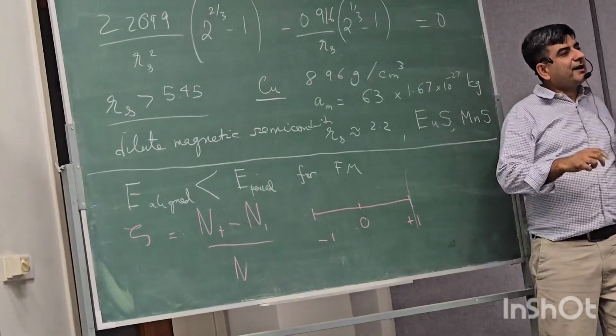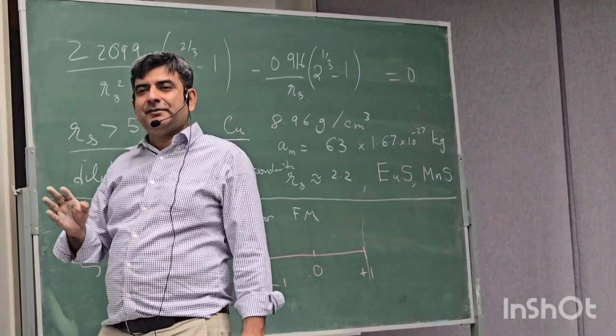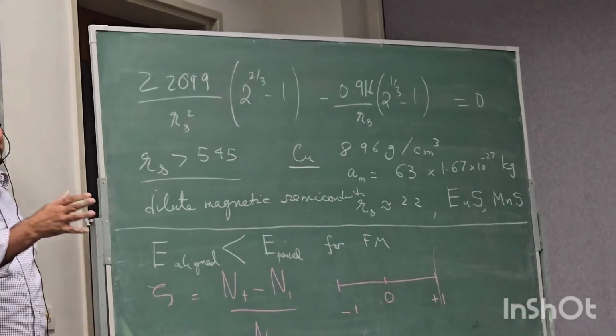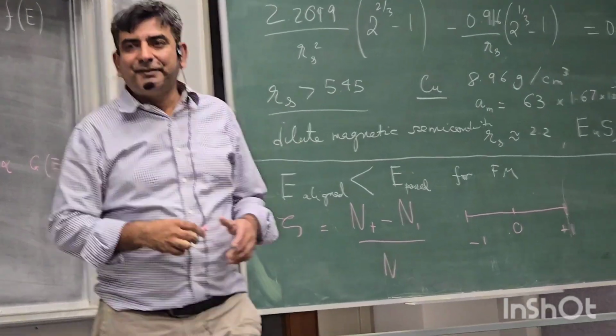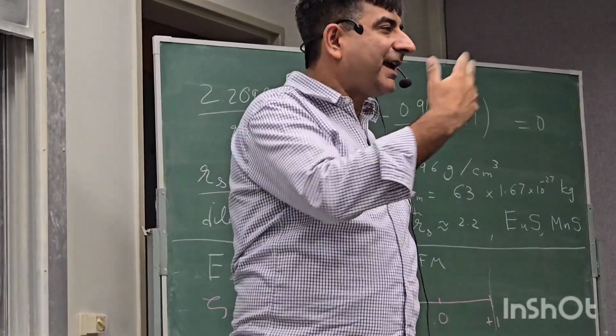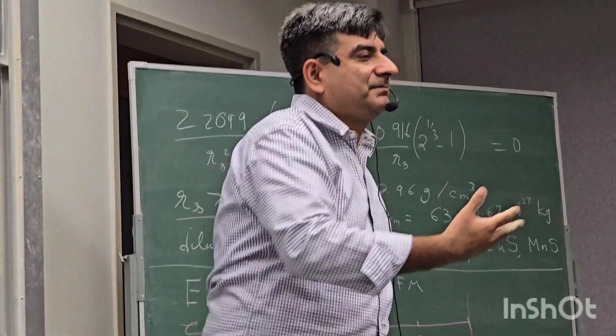Now what if you have a zeta that is neither 0 nor 1 but somewhere in between? Then some of the spins will have their paired counterparts, and others, extra spins, will give rise to some spin polarization, some magnetism, some magnetization.